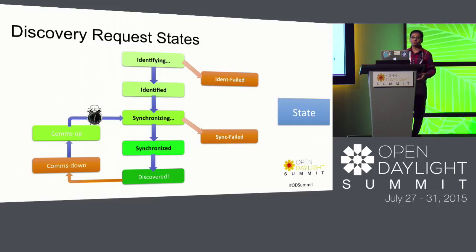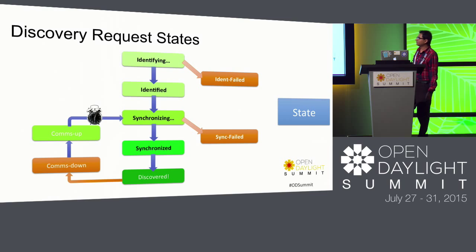But for now, you have to enter the credentials when you invoke the discovery of the device. Then it goes to synchronization, and synchronization could fail. I'll talk about synchronization in more detail in later slides. Once it's synchronized, it goes to discovered state.